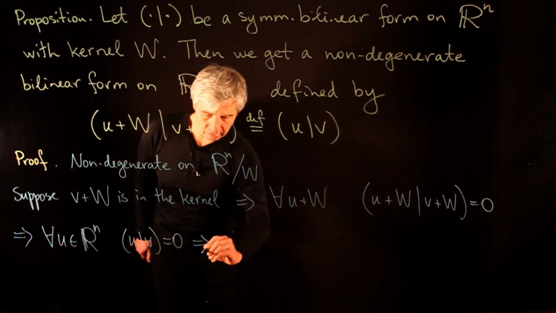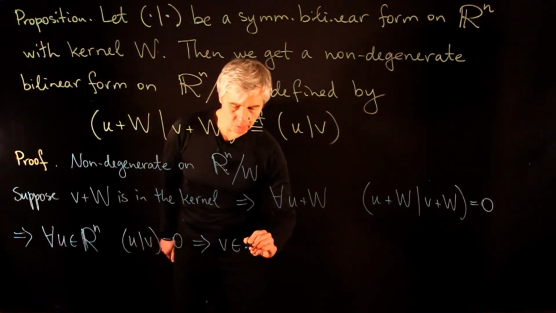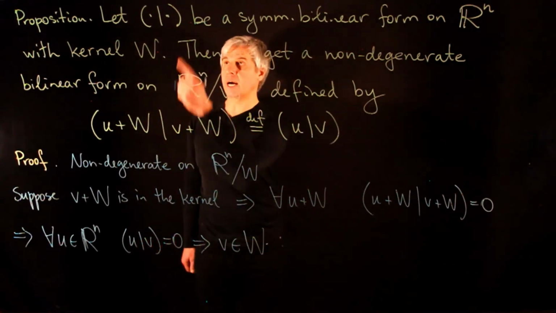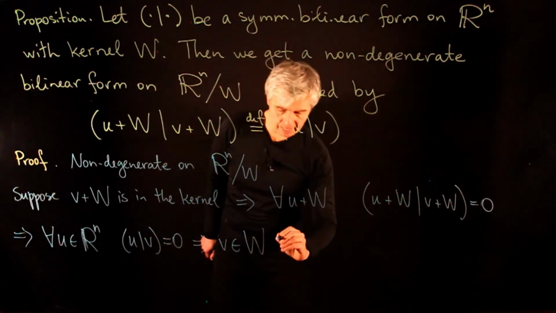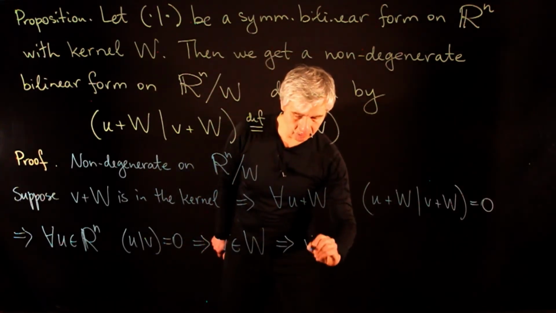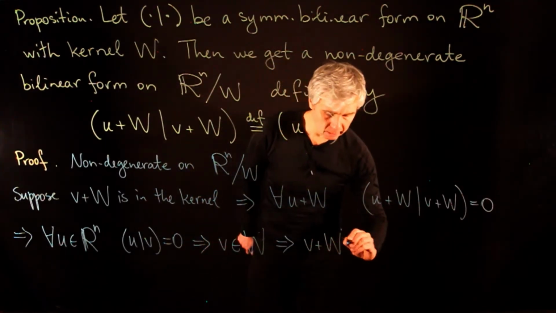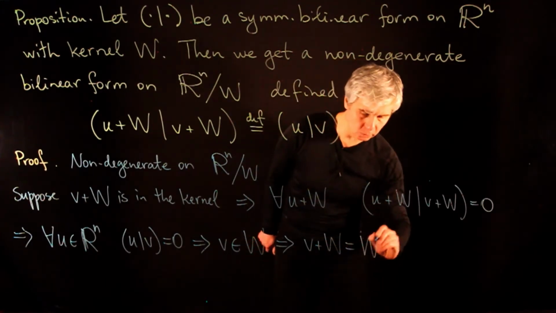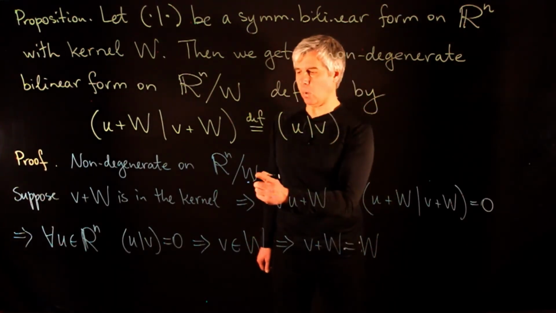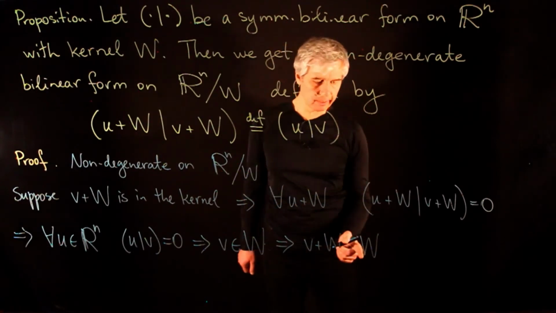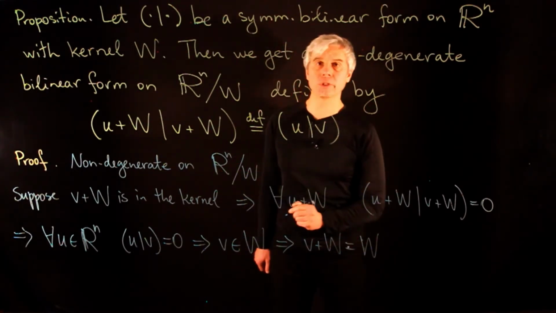So v belongs to the kernel of our original bilinear form. And this means that the coset v plus w is equal to the 0 coset. We see that the only vector in the kernel of the quotient space is the 0 vector.